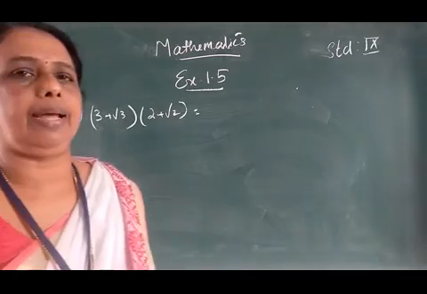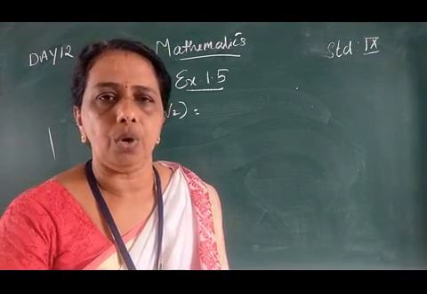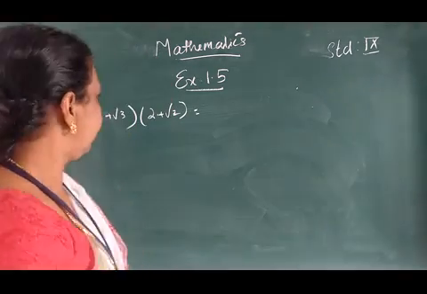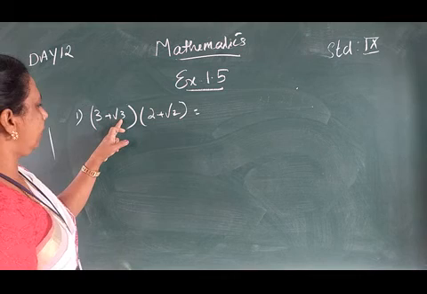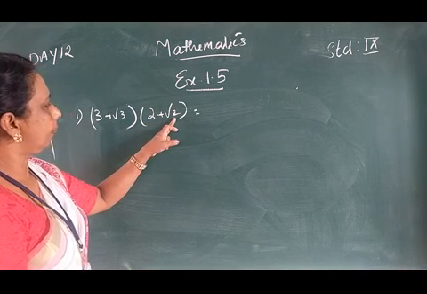You already studied an identity, root A plus root B into root C plus root D. Okay, but here it is A plus B into C plus D.